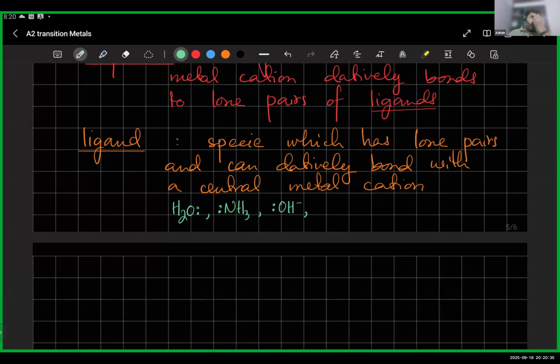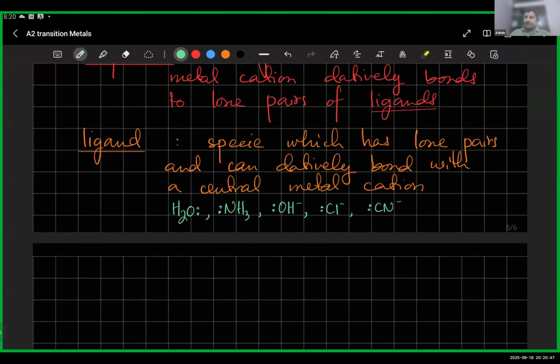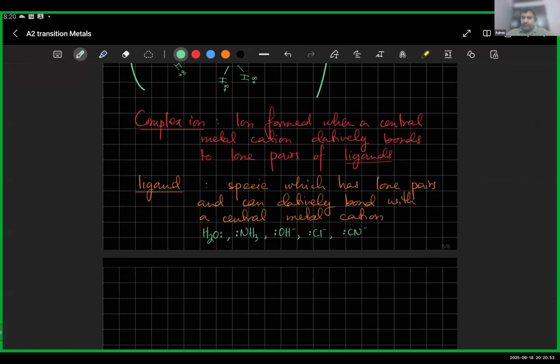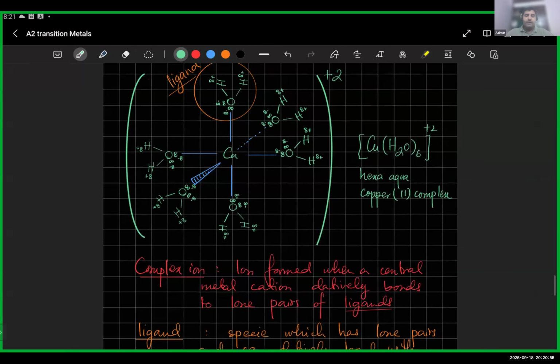You have Cl minus. You have CN minus. So lots of species act as ligands. You could be given any number of species and be asked to draw the complex ion. Anyways, that's one of the complex ions.